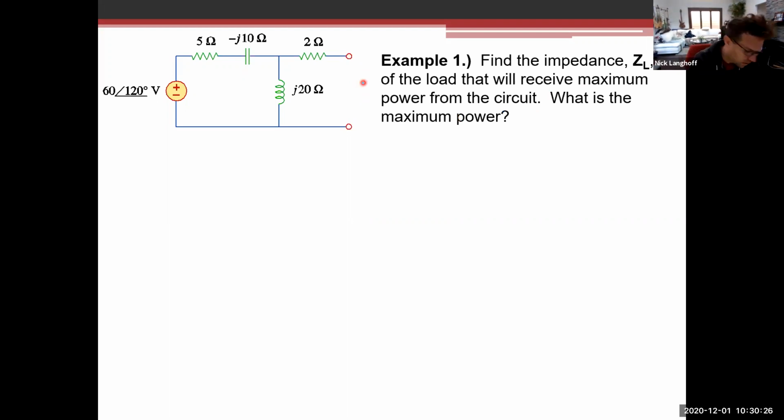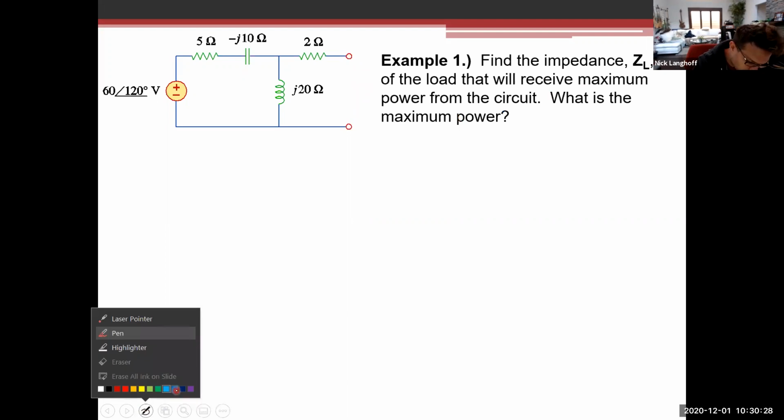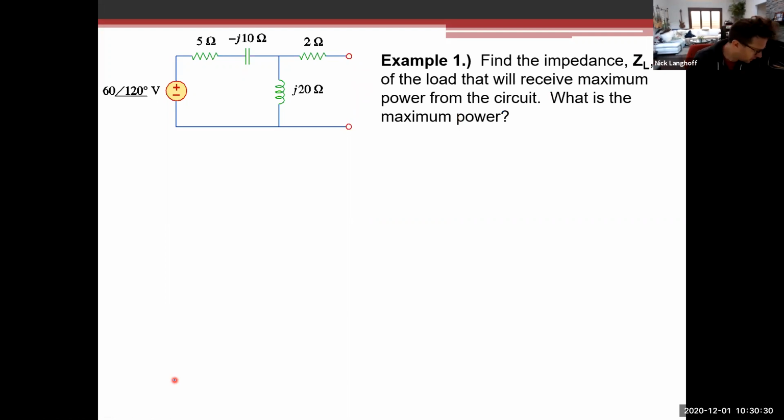Okay, so let's go ahead and jump in. Z Thevenin is, remember, the equivalent impedance after turning off the independent sources.